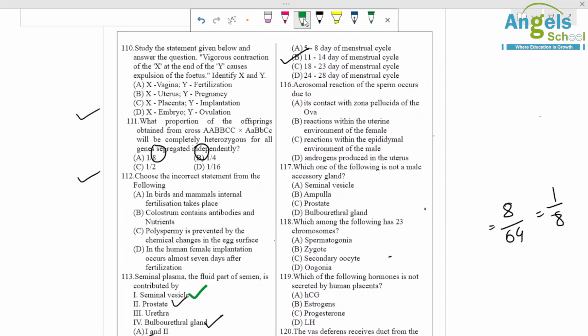So it is due to the sperm contact with the zona pellucida of the ovum.